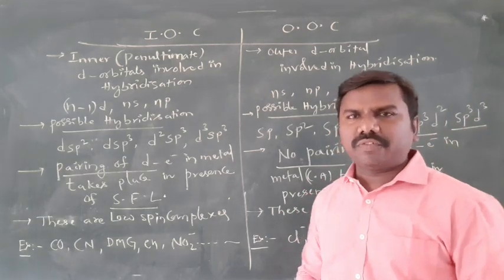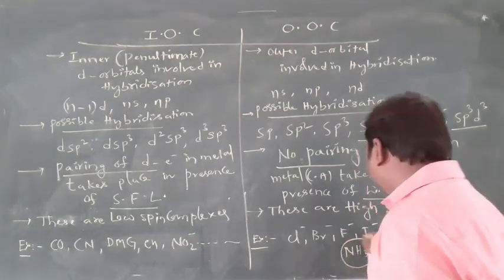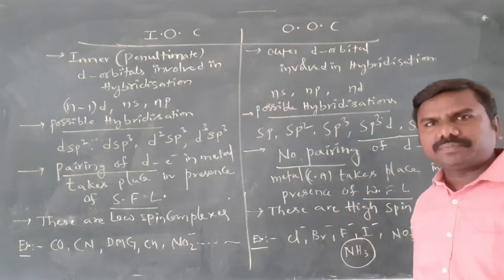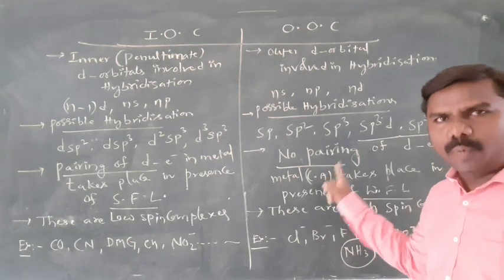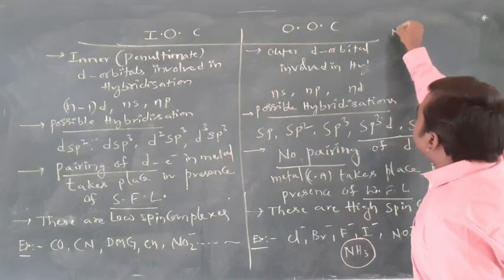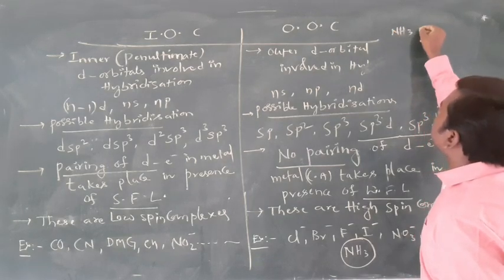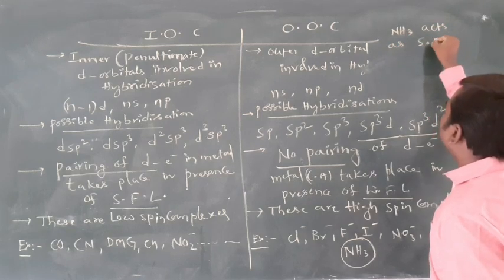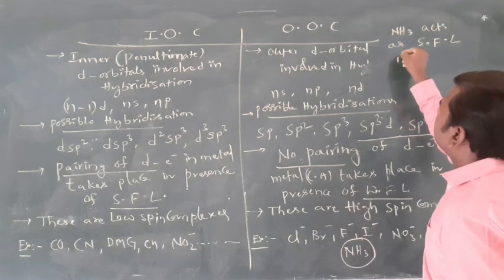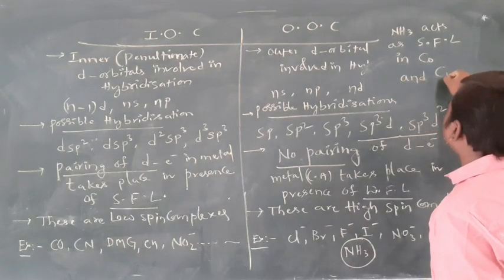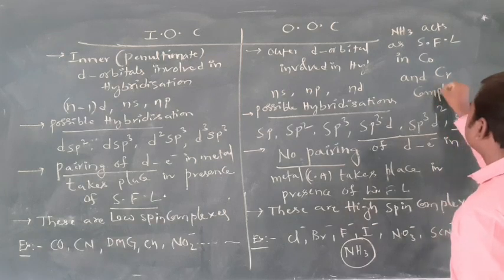Note, students, all of you: NH3 is generally a weak field ligand, so no pairing, actually no pairing. But NH3, all of you note this, acts as a strong field ligand in cobalt and chromium complexes.